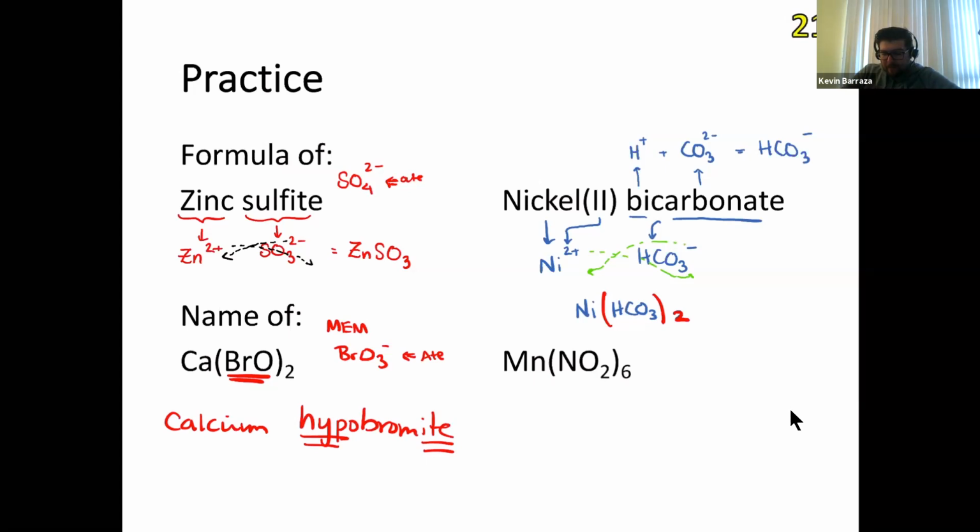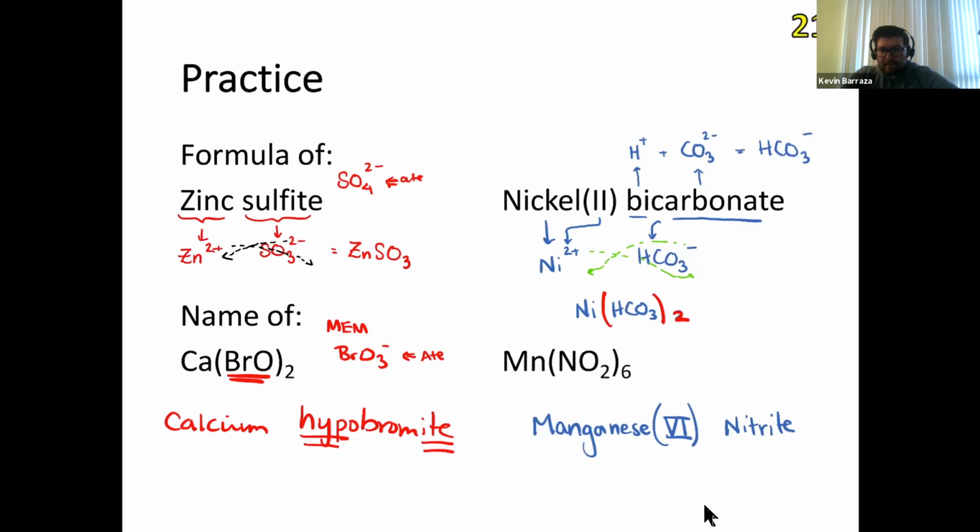Now this one, the final one, what is it going to be? I'll leave you to think of it. That one's going to be manganese 6, Roman numeral 6, nitrite. NO3 is nitrate. 1 less O is a nitrite.